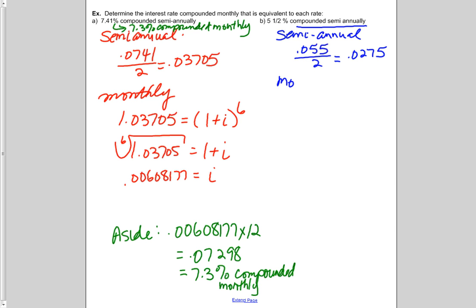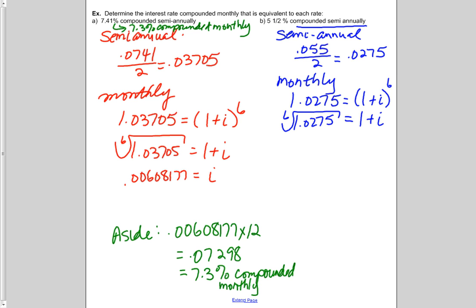To convert it to monthly, 1.0275 is 1 plus i to the 6, since there are 6 months in a semi-annual period. The 6th root gives us our monthly rate, sorry, I flipped sides on you there, which is 0.0045316.